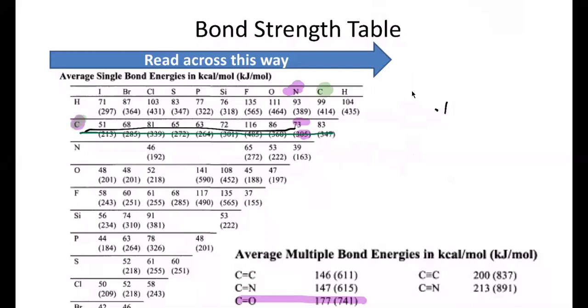I'll read it across from left to right. I made a carbon bond, and that says 347 kilojoules per mole. And then I broke a carbon bromine bond. Is that right? Yes. That's 285, because here's carbon and here's bromine. So it's 285 kilojoules per mole, right?